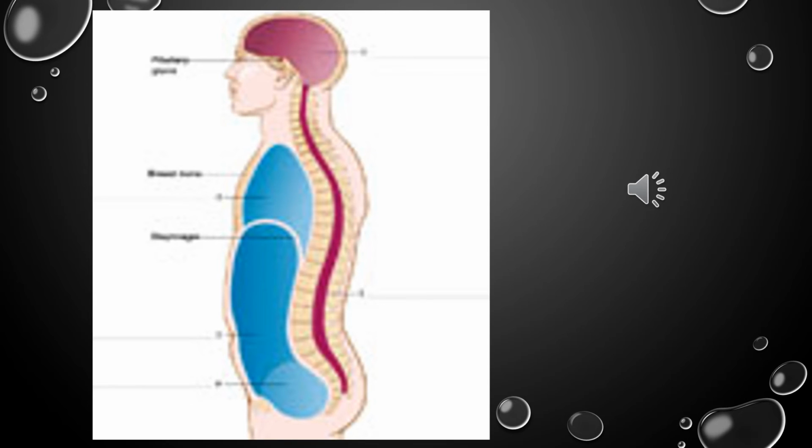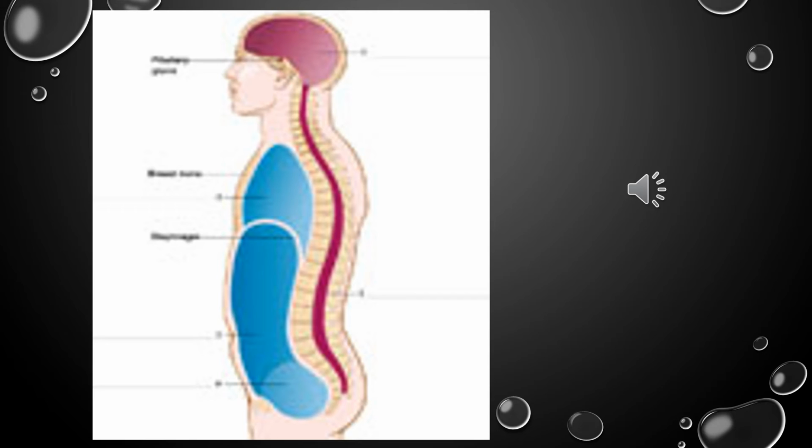So this is a horrible picture, but this picture is on page 50 of your book, and you can see where it has the numbers 1, 2, 3, 4, and 5, they correspond to the body cavities. And on pages 51 and 52, you can see that number 1 is the cranial cavity, and you can fill that in.